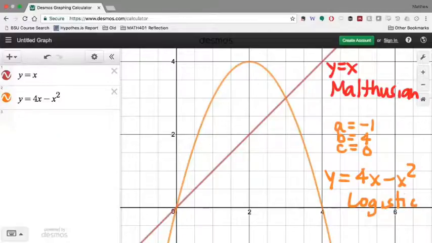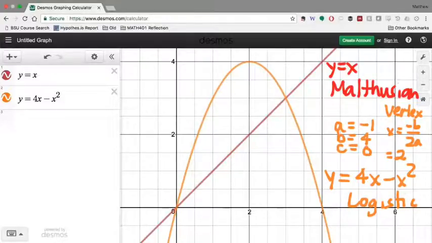So if I'm going to find the vertex, I want, again, x equals minus b over 2a. And if b is 4 and a is -1, I'm going to get -4 divided by -2, x equals 2.